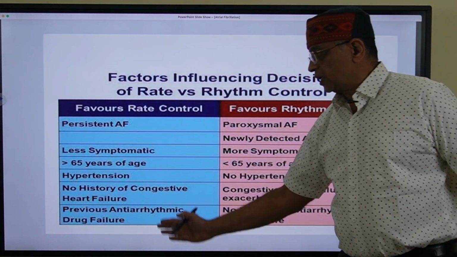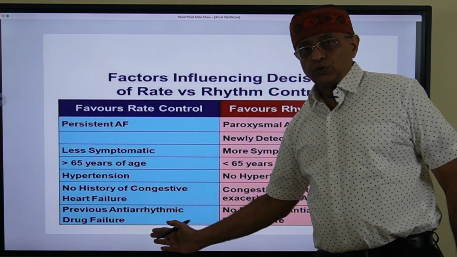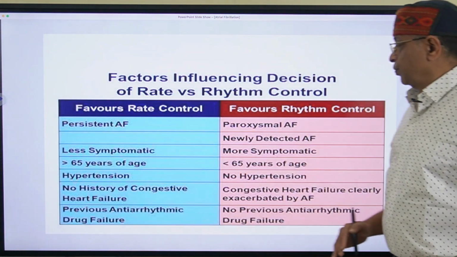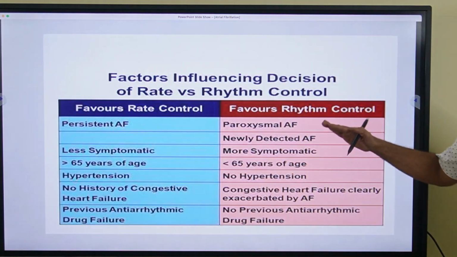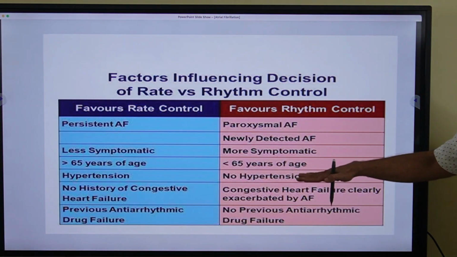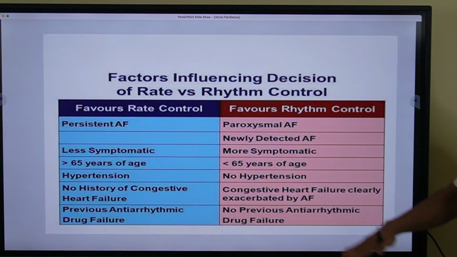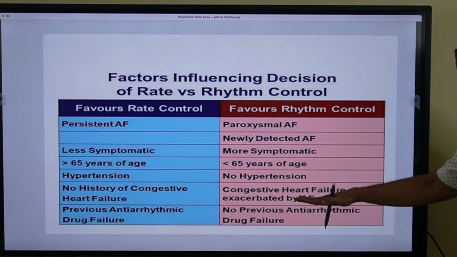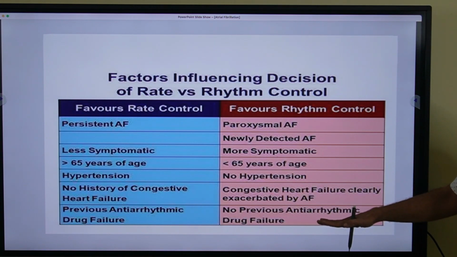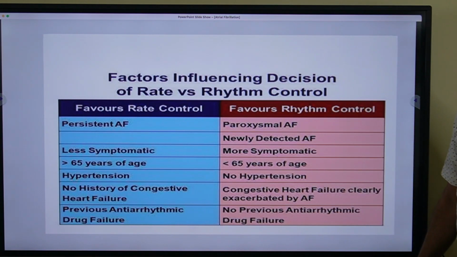So if this category of patient comes to you, prefer rate control. While a relatively young patient, less than 65 years of age, who has paroxysmal AF but a lot of symptoms, or the patient has newly detected AF, or the patient has congestive cardiac failure, or there is no previous history of antiarrhythmic drug failure, in this patient you prefer rhythm control.